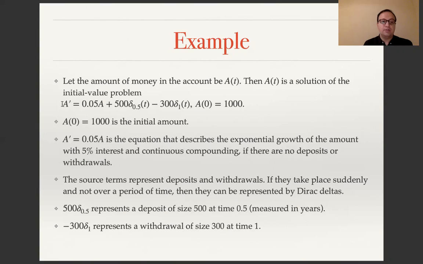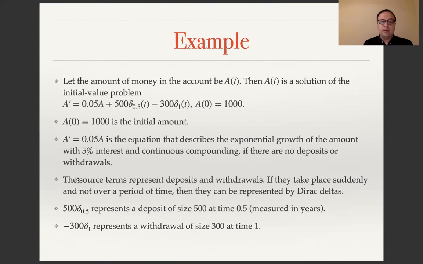So then the equation would just be A prime is equal to 0.05A. And the other terms represent the deposits and the withdrawals.